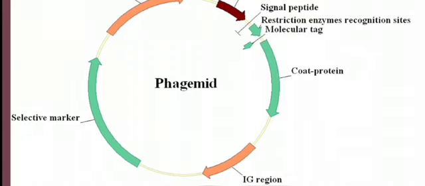It needs a molecular tag, a signal peptide DNA sequence so that it can code for the signal peptide, and a promoter sequence. So these are the basic components of the Phagemid vector.